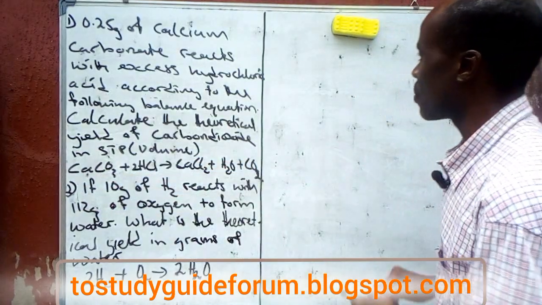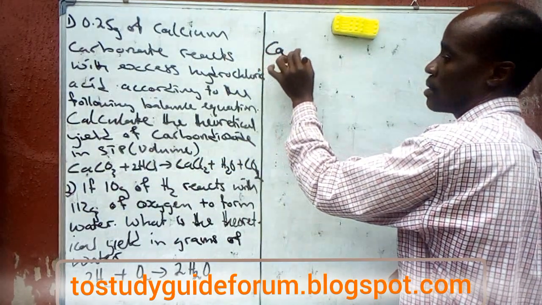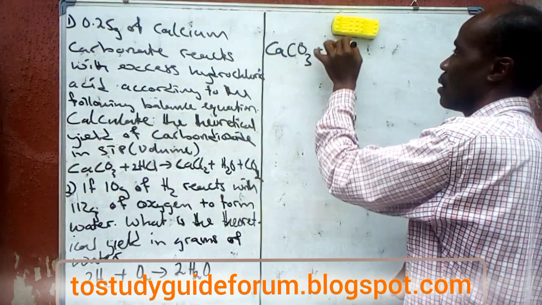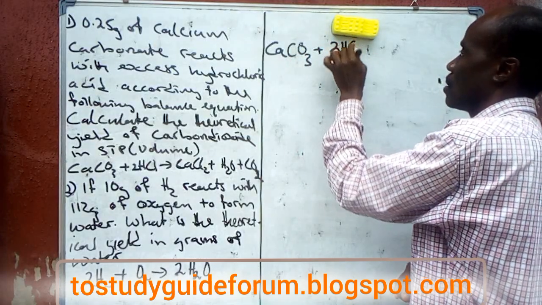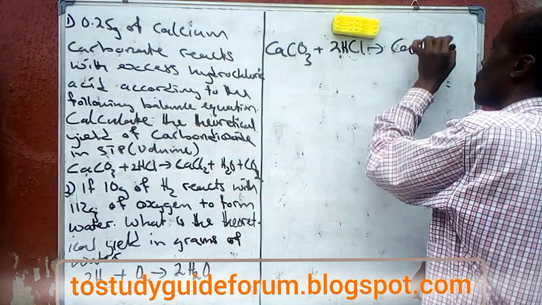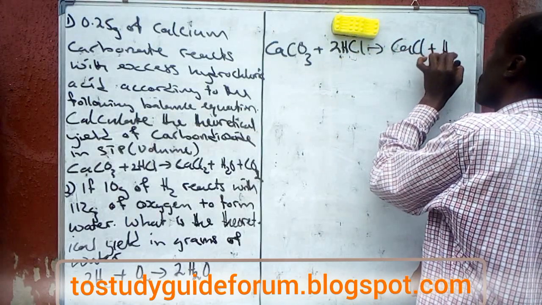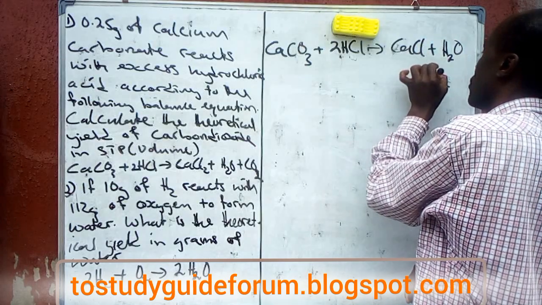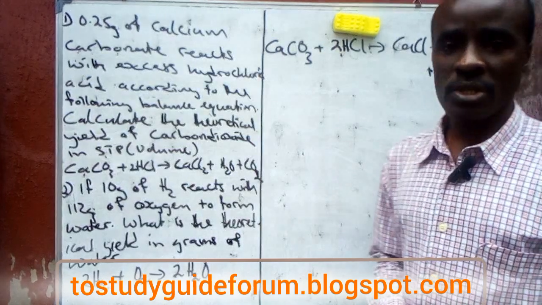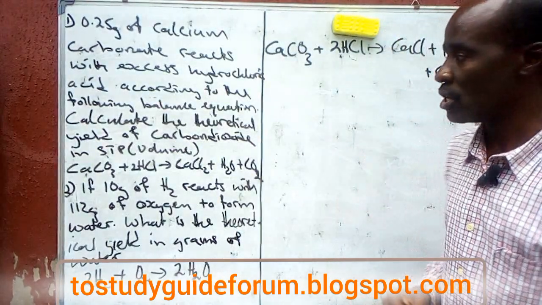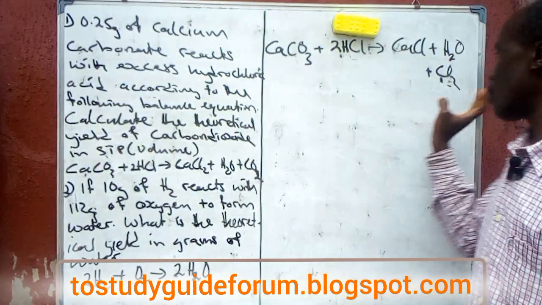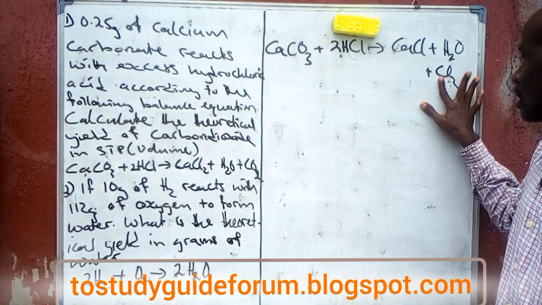That's the balanced chemical equation that we have, as you can see from there, to give us calcium chloride, water, and then carbon dioxide. So from the question given to us, our attention is more on the calcium carbonate and the carbon dioxide, or carbon IV oxide, that is produced.